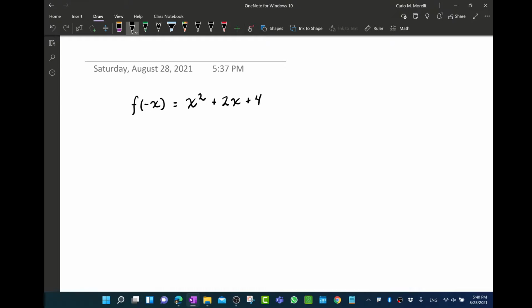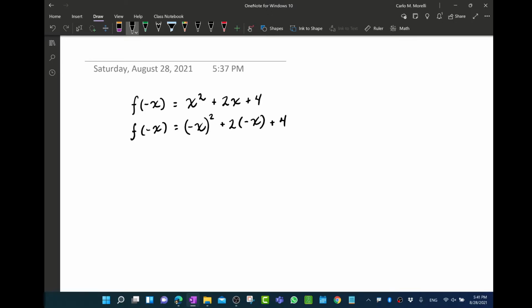So what we're going to do is write f of negative x equals, now it's very important to use parentheses here. We're going to put negative x in parentheses, and then square that, plus 2 times, again, parentheses, negative x, close parentheses, plus 4.